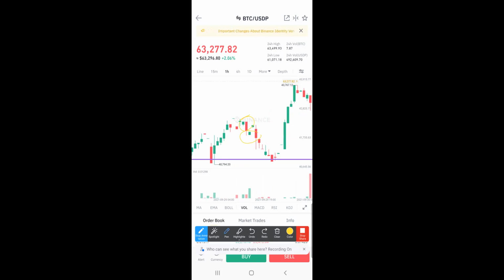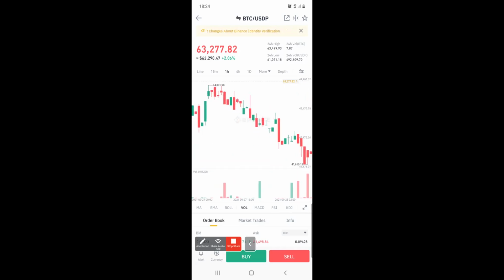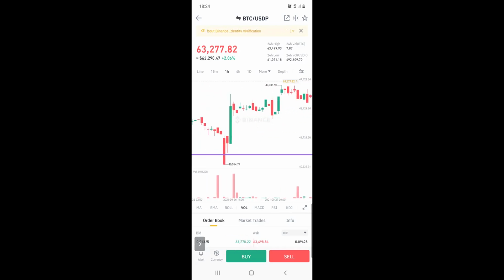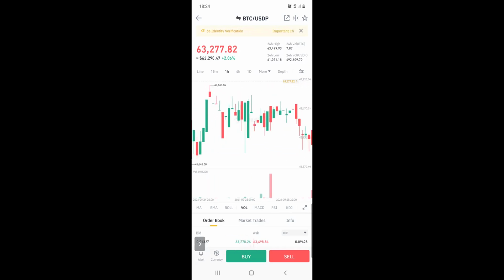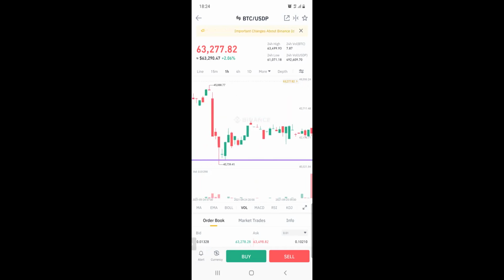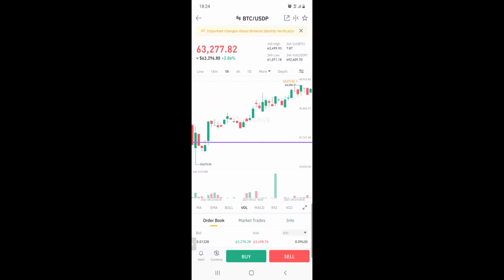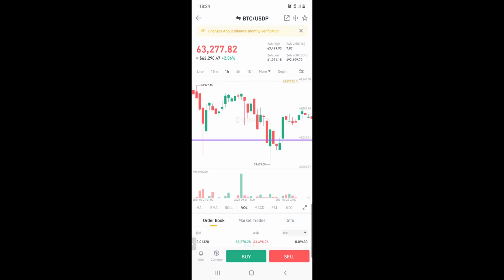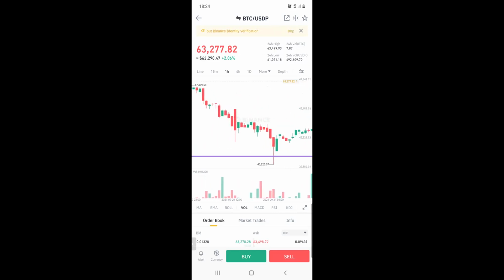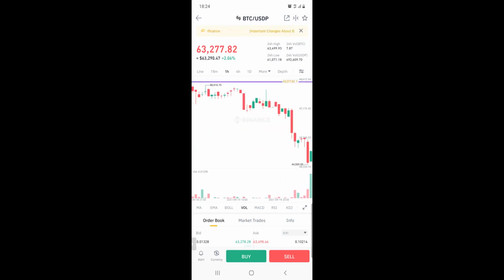It played out. That's how that bearish engulfing plays out.